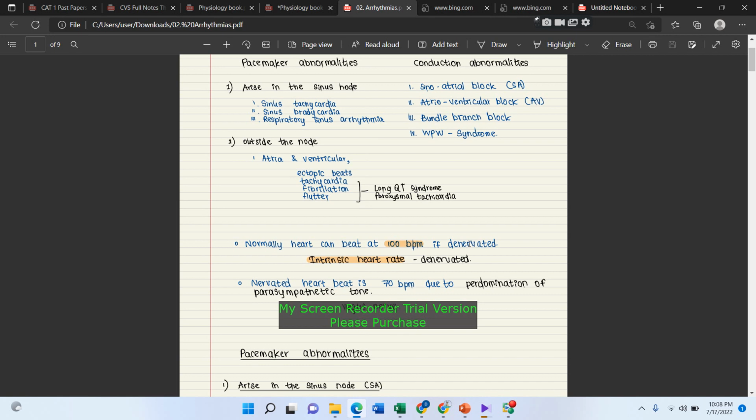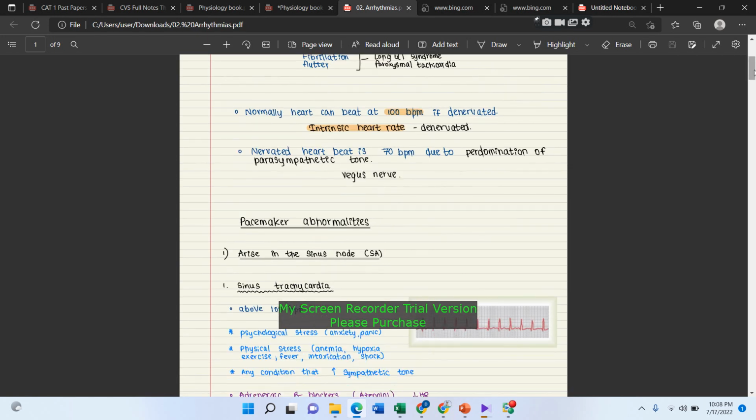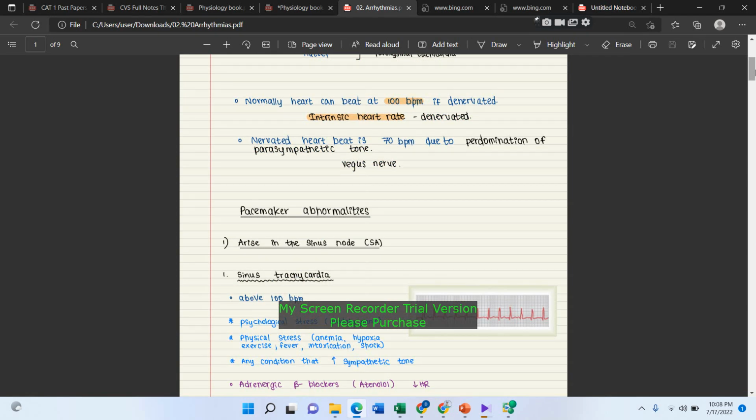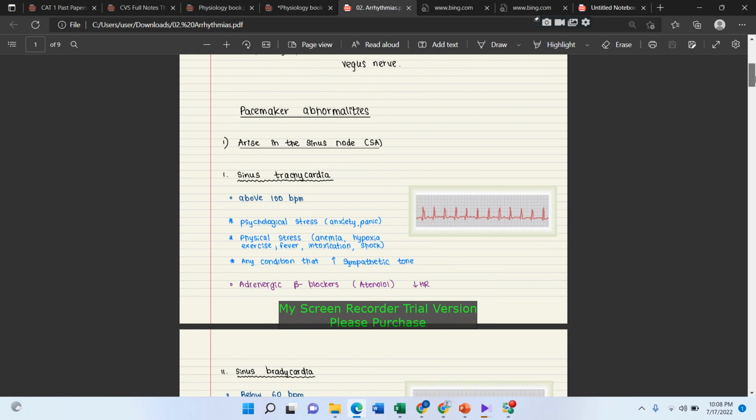We call the nerve of the parasympathetic system the vagus nerve. It predominates at rest, in a calm way. If you do exercise, it might rise more than that.